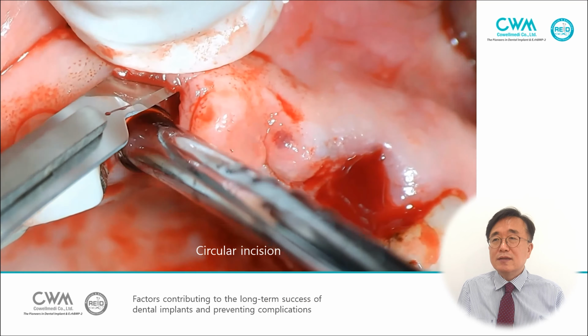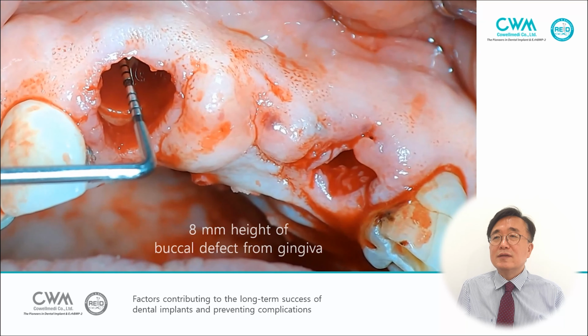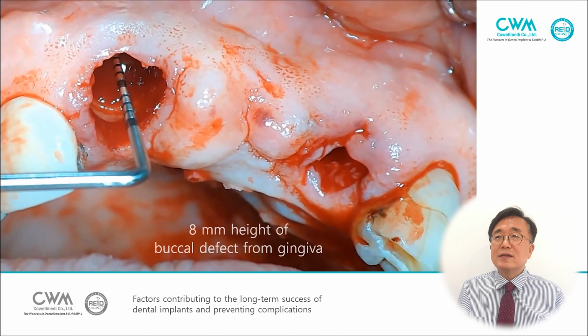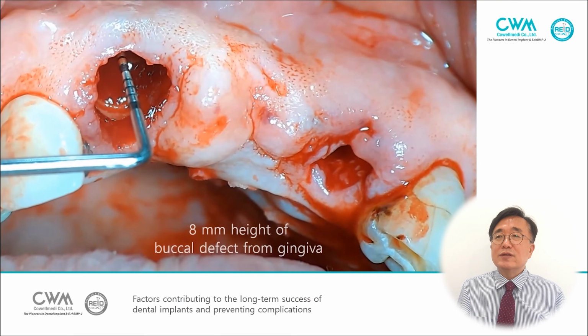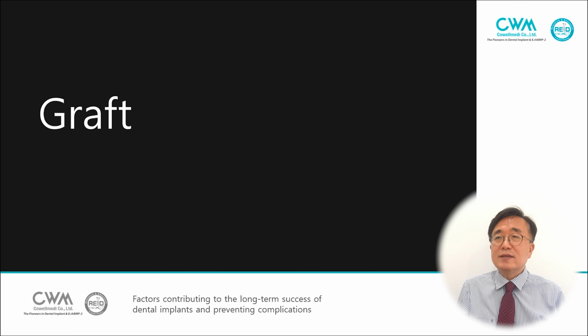The buccal side has granulation tissue in the defect, and the blade cuts the gingiva and granulation tissue connection, and then cuts the granulation tissue. The buccal defect depth was about 8 mm from the gingival crest.